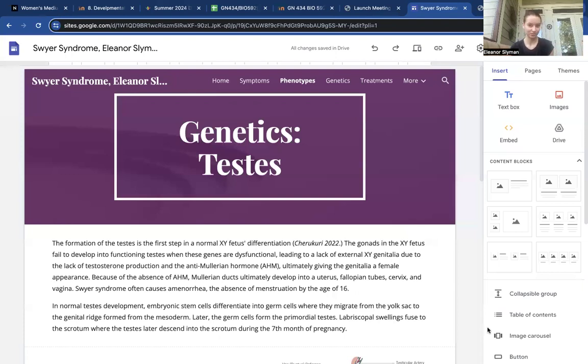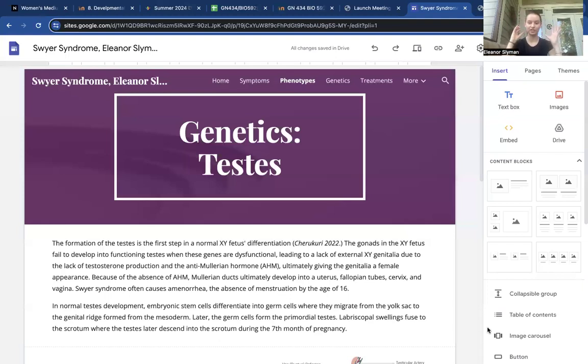I also have this little section on the testes as well as an image of the testes that I feel like, this is what a regular testes looks like. And then I also explain in this section about why people with Swyer syndrome don't have testes that look like this. They have streak gonads instead.